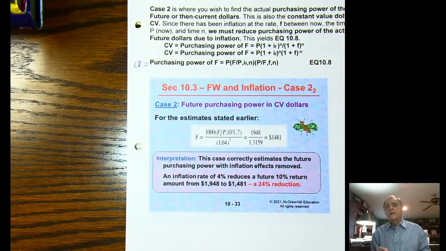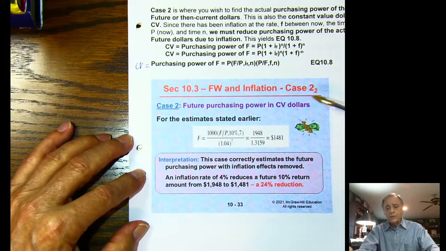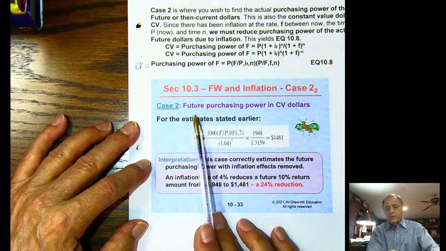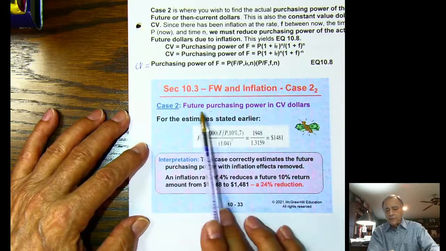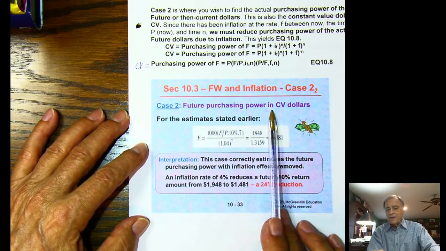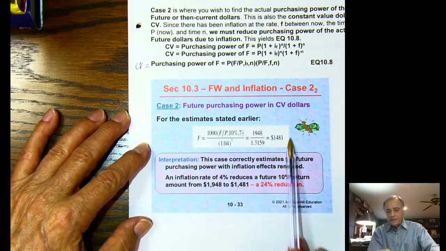So when we go through case 2, the future purchasing power in CV dollars for the estimate is given by this.